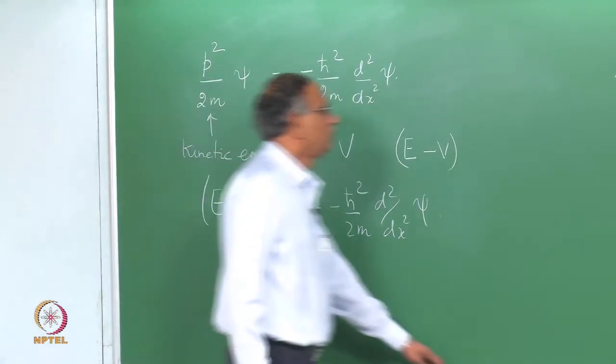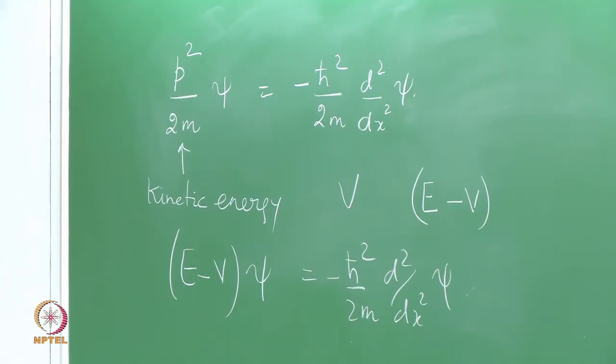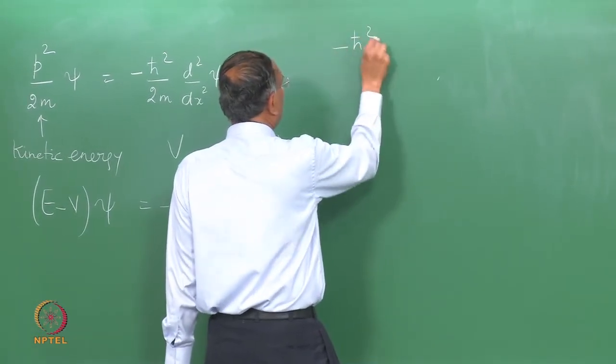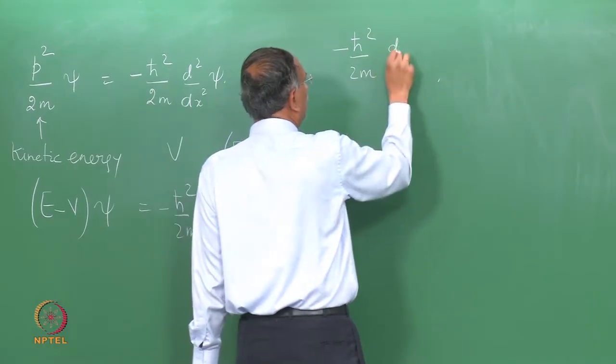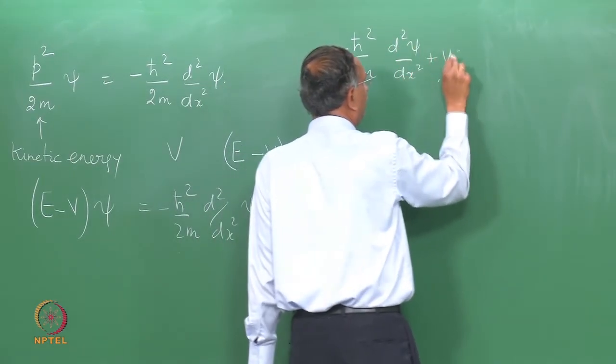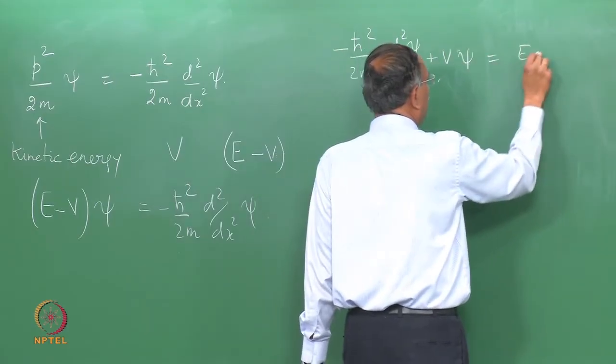Okay. Now, one last step, and then you see the equation H psi equal to E psi making sense to us, because now if you bring the V here and just rewrite the equation, you have minus h bar square by 2m d square psi by dx square plus V psi is equal to E psi.